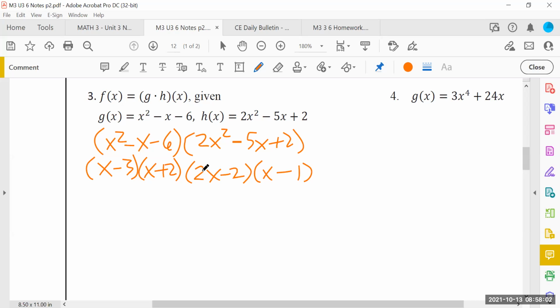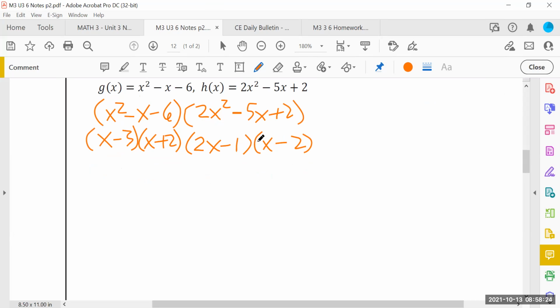If I multiply this together, I get a -2x and another -2x. Shoot, that only makes -4. Not good enough. So I'm going to try again, and I'm going to switch them. -1, -2. 2 times -2 makes -4. -1 times x makes another -1x, which makes my -5x. You must check if you're doing guess and check. You must make sure that it actually works.